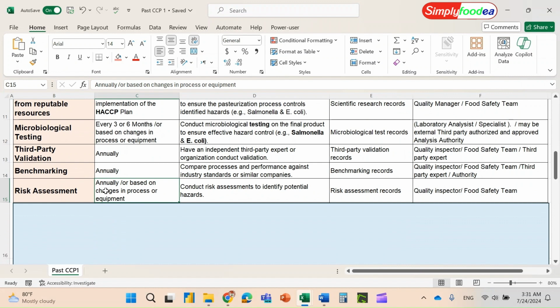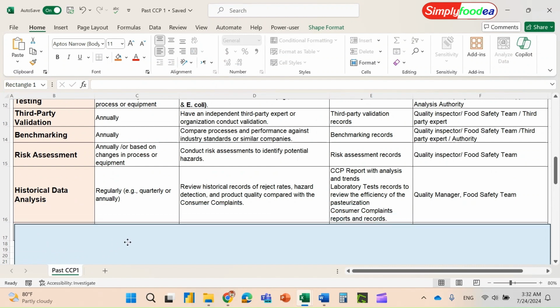For example, there may be another microbiology we don't know, some new kind of bacteria, some virus, maybe a fungus or a mold, whatever the microbiological hazard. You must ensure this according to the risk assessment done by the whole food safety team. It's not only the duty of one person, it's the duty of a team.